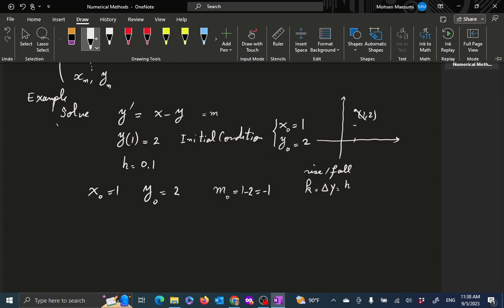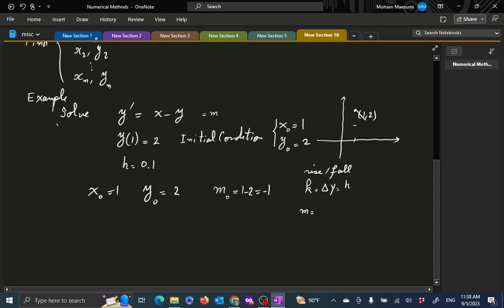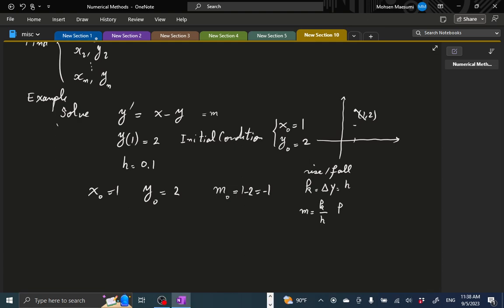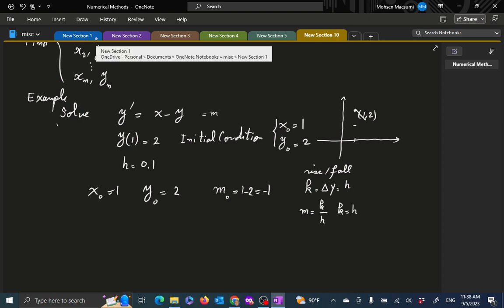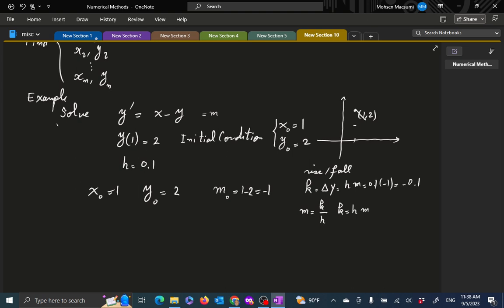Slope is the rise over run, is that right? So the rise is the step size h times the slope. So h times m. m was minus 1, h was 0.1. When I multiply them, I get minus 0.1. So that is our k, which is the amount we rise or fall.